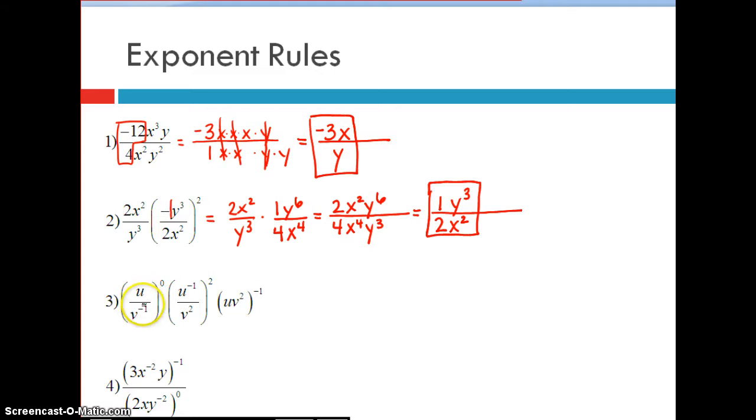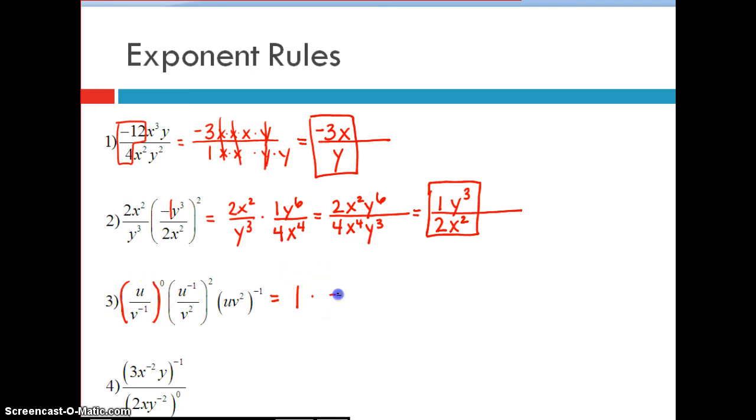In my third example, we have 3 different expressions, and I'm going to apply the power to a power rule. Now, notice that everything in this first expression is raised to the 0 power, and we learned that rule, that anything raised to the 0 power is just 1. So this first entire parenthesis is just 1.